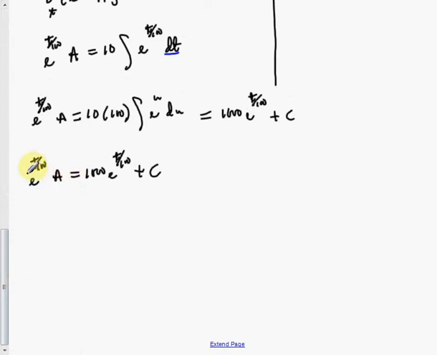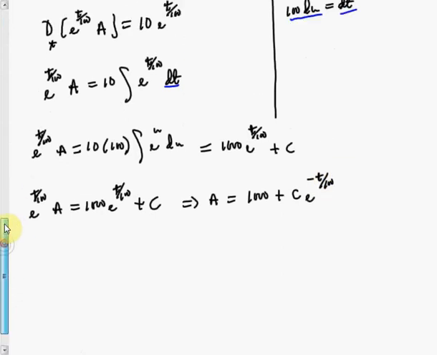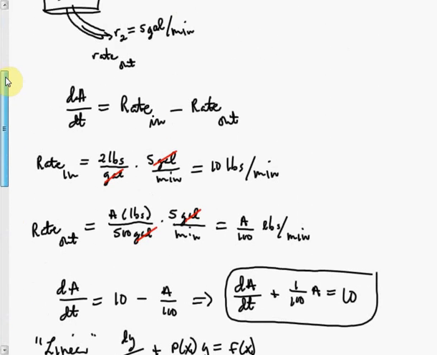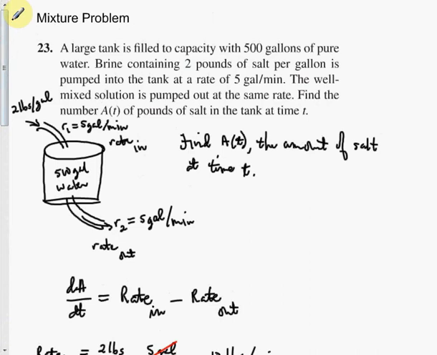Divide everything by e to the t over 100, and we can solve for A. This implies that A is equal to 1,000 plus C times e to the negative t over 100. Now the initial condition of the amount of salt that's in there initially is 0.